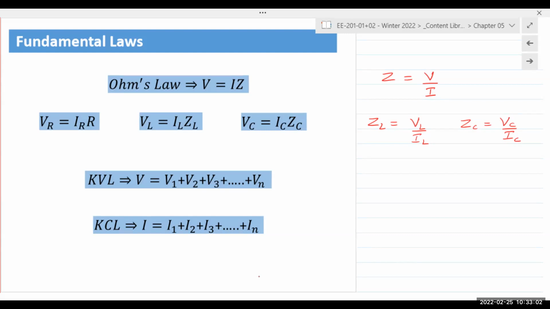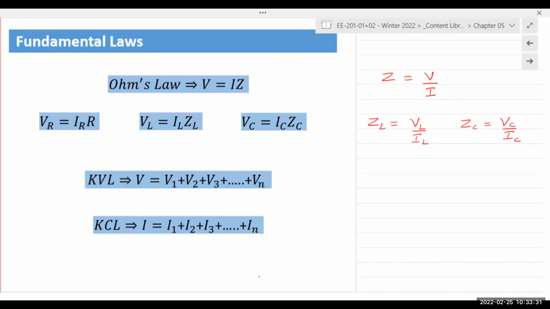Now, straightforward enough, Z is V over I, right? In an inductor and a capacitor, energy transfer takes place. And because of that energy transfer, there is a phase difference between the voltage and the current for an inductor and a capacitor, respectively. There's a mathematical derivation. I usually don't do that for 201 classes.